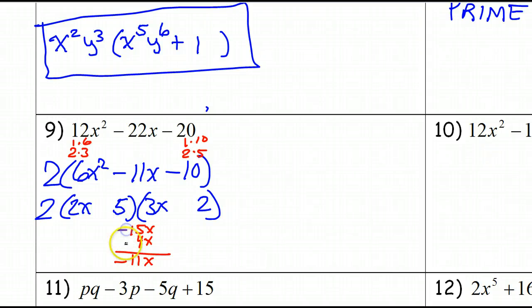If this were negative 15 and positive 4, that would make negative 11. So there's my negative 15, and here's my positive 4. Does negative 5 times positive 2 make negative 10? Yeah, a negative times a positive is a negative. So this is the completely factored form.